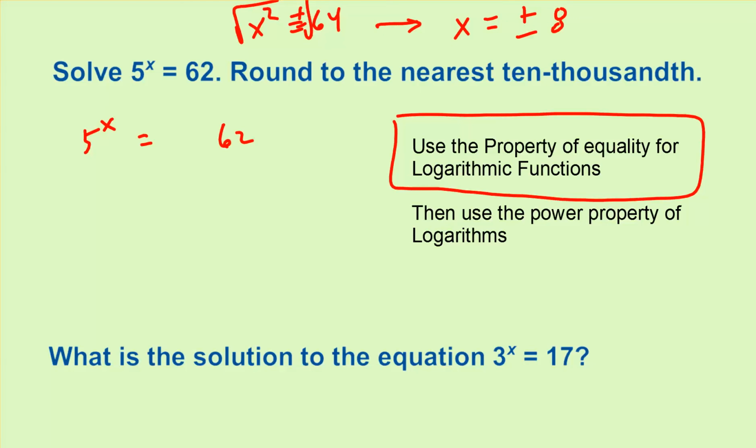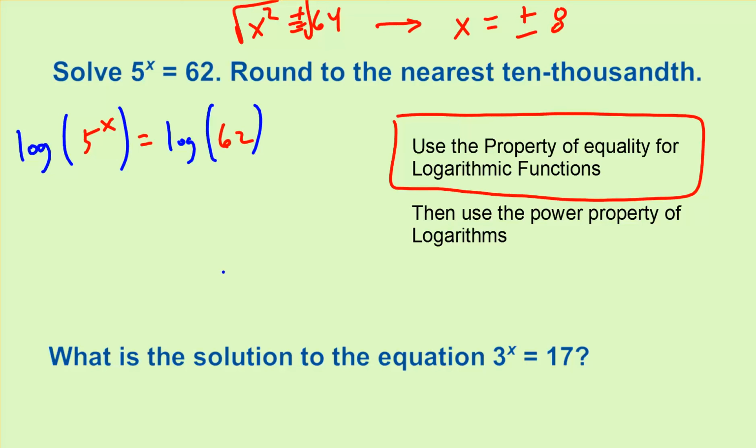So what I can do here is apply a logarithm of the same base to each side. I'm going to apply a common log to each side. Remember, that's log base 10. And what that does is it drags our little x over here out to the front of the expression.